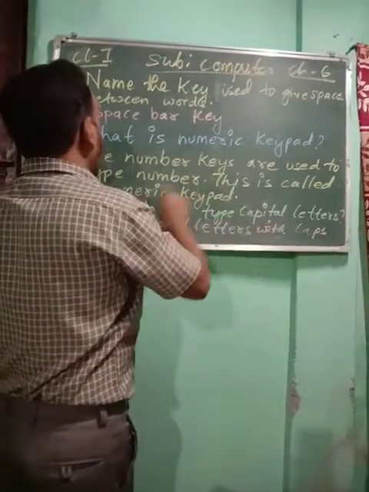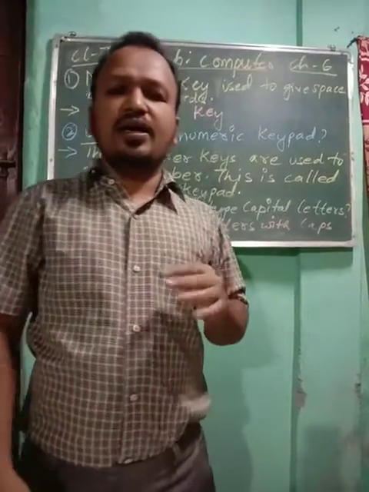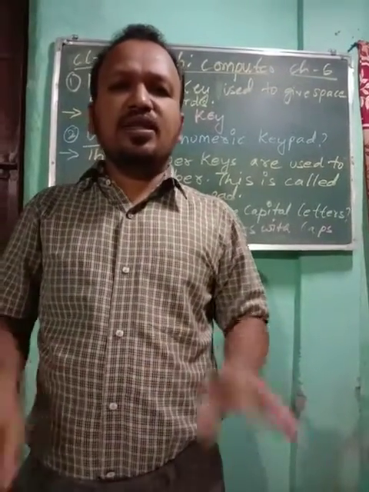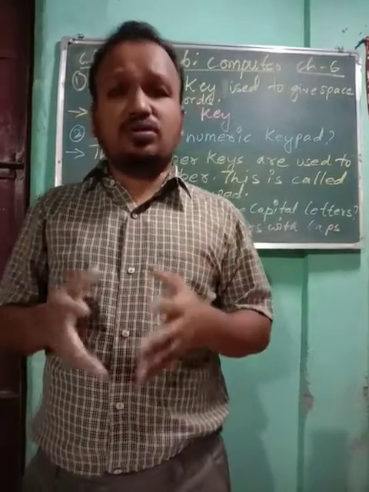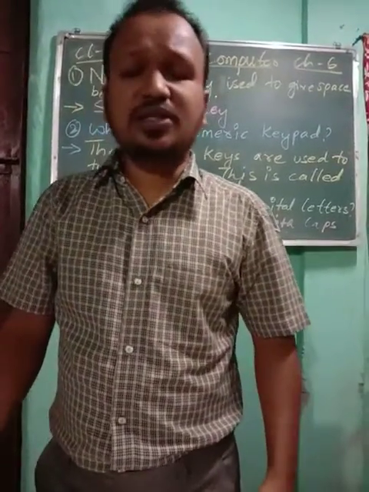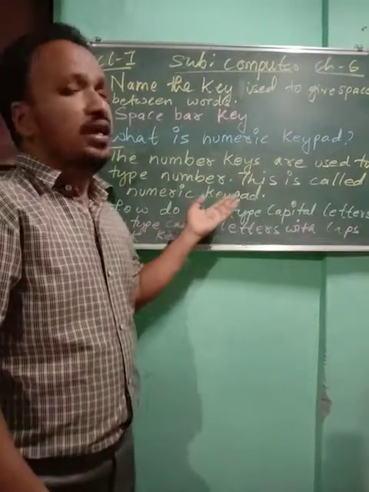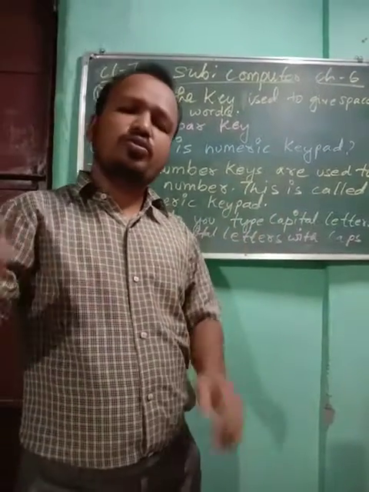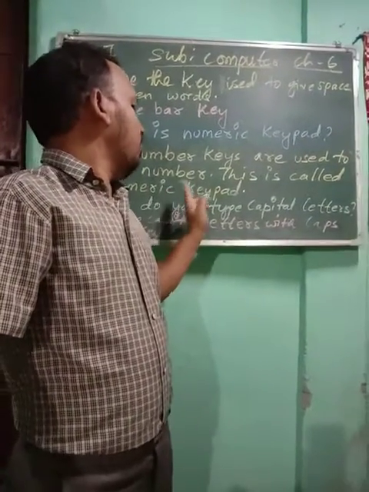This is called numeric keypad. Children, I have already taught you that the number keys are from 0 to 9. Whenever we require numbers, we type the number keys. So those number keys are called numeric keypad. 0 1 2 3 4 5 6 7 8 9, they are called numeric keypad.